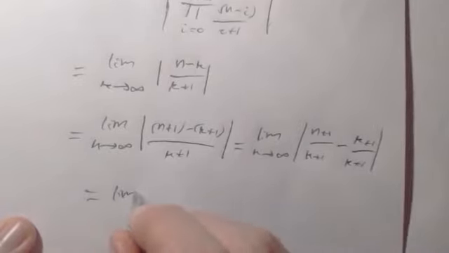And as k goes to infinity, n plus 1 stays the same, this term goes to 0. So we just get the absolute value of minus 1, which is 1.